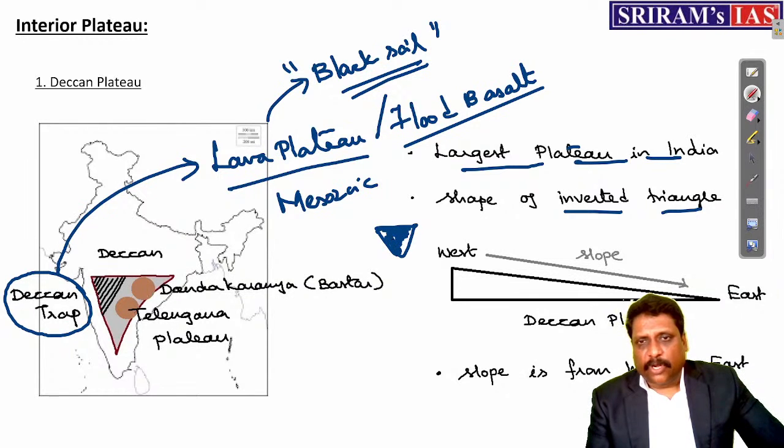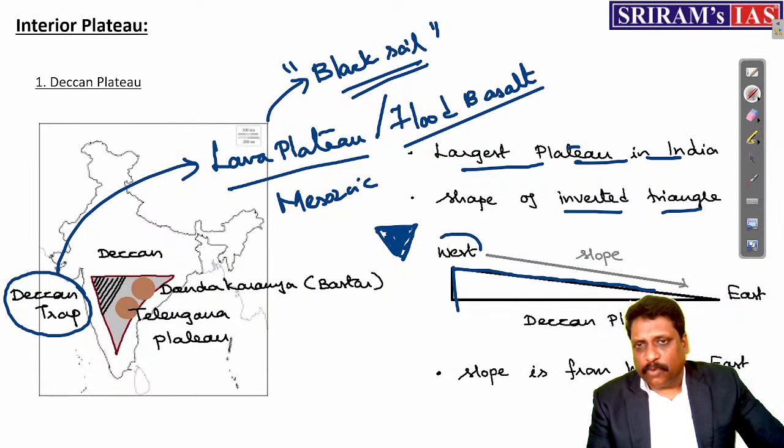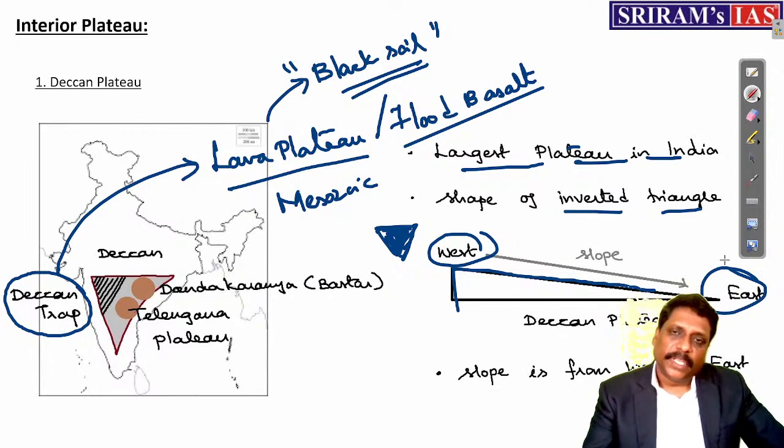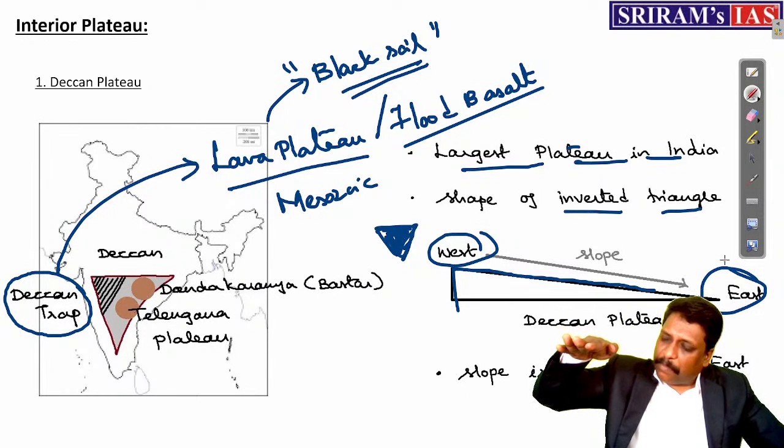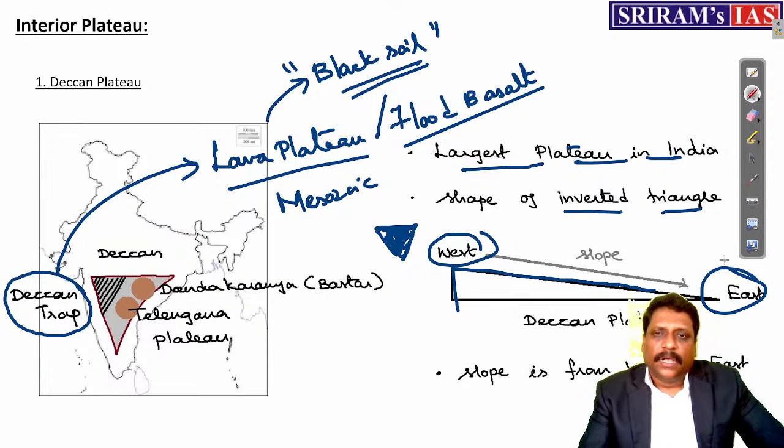Okay. And when I talk about the Deccan Plateau, my dear friends, the orientation, the gradient or the slope of this Deccan Plateau is from west to east. For example, let me tell you, the western flank of the Deccan Plateau is slightly elevated, and towards the east there is a slope.